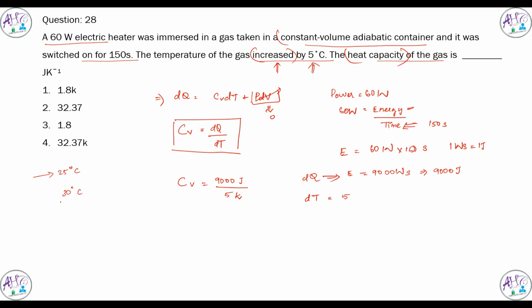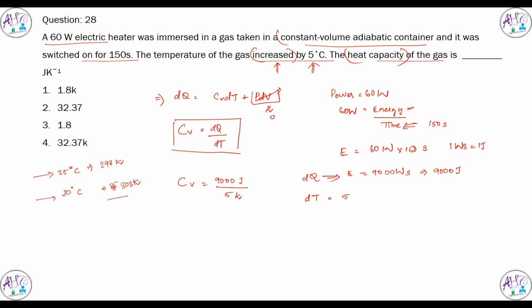So initially your temperature is 25 degrees Celsius, and it increases to 30 degrees Celsius. Now let's convert this Celsius to Kelvin. This is going to be 298 Kelvin, and this is going to be 303 Kelvin.